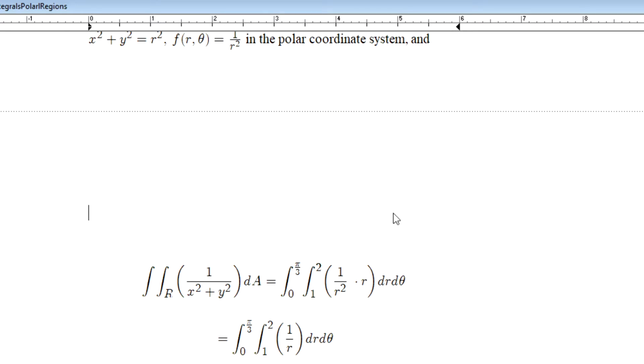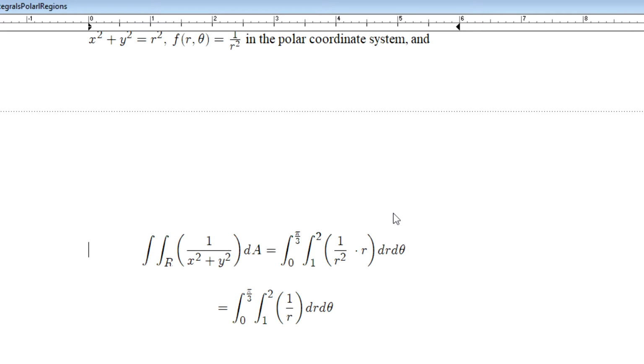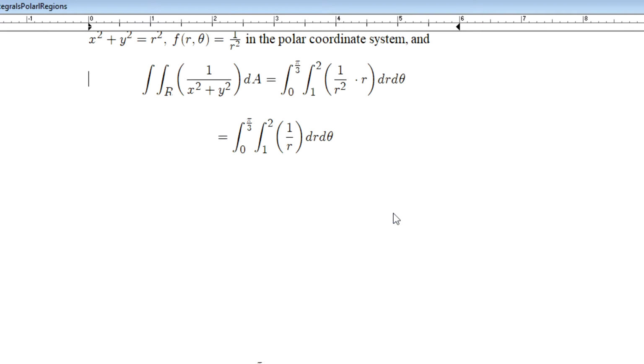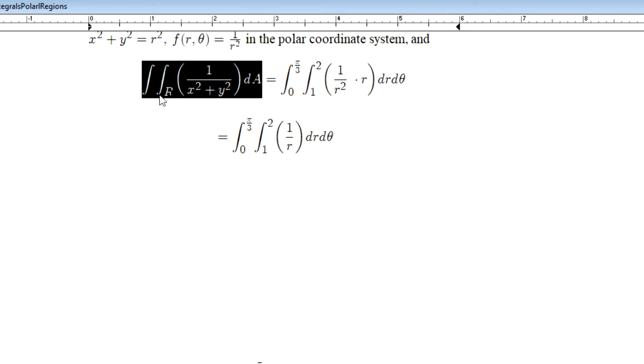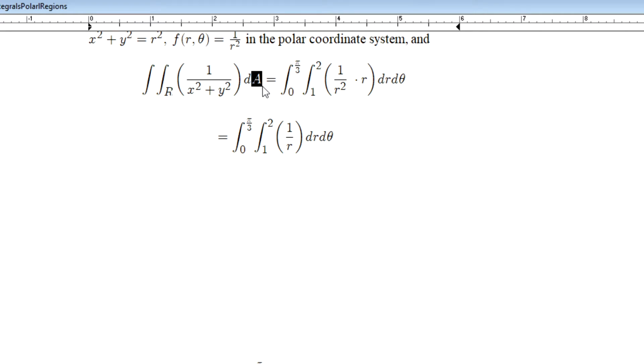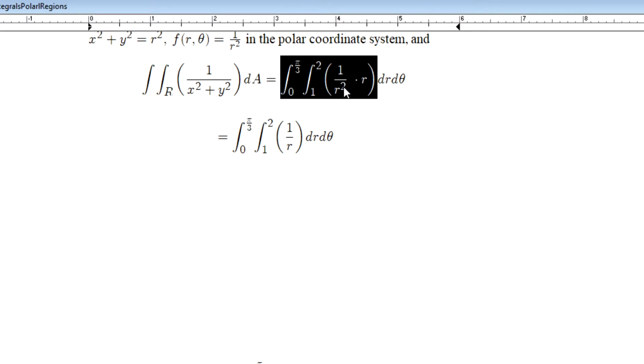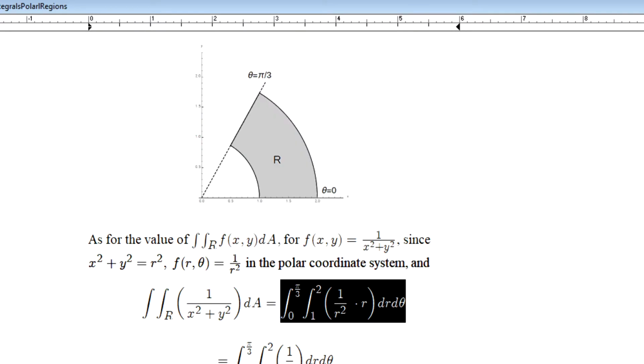If we took that further and considered the double integral of function f across region R, it would be approached by the double integral calculation we see on the right-hand side.